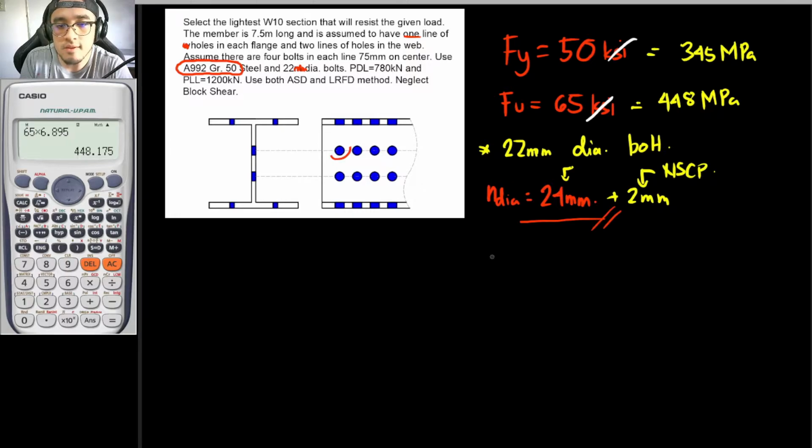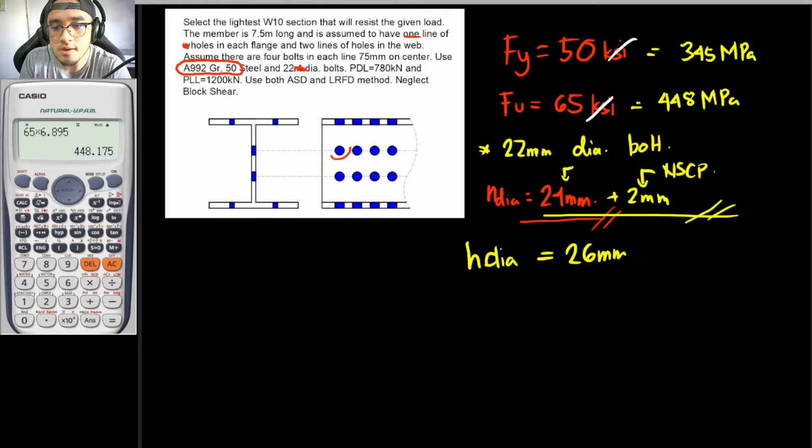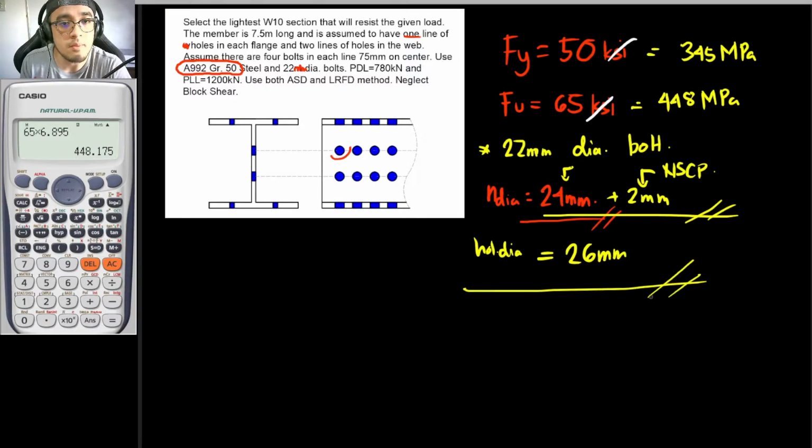So from that, the diameter of our hole, so let's say our hole diameter is to be equal to 24 plus 2 mm, and that is to be equal to 26 millimeters. So this is to be the hole diameter that we will be making use. So hole diameter, that is to be 26 mm.